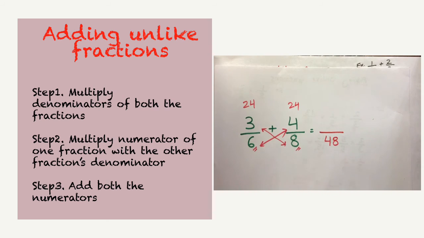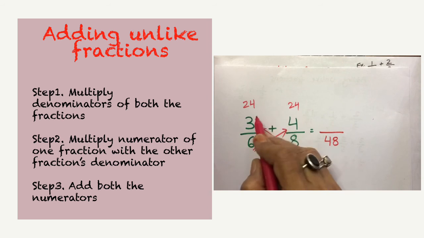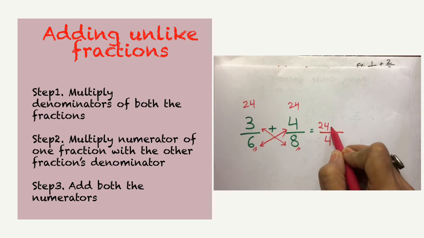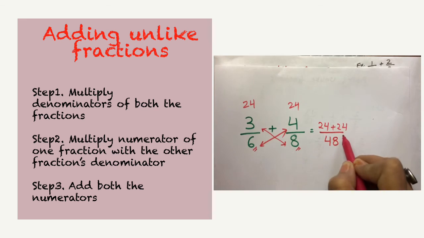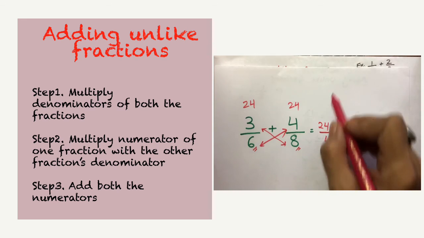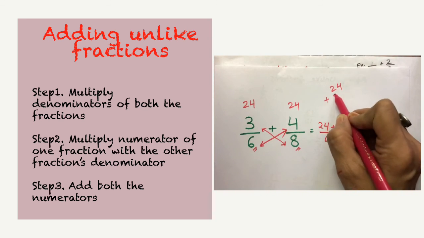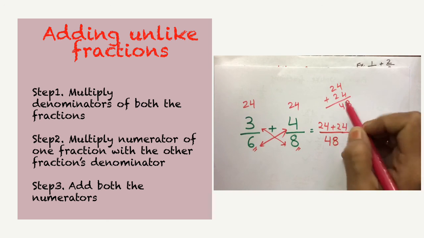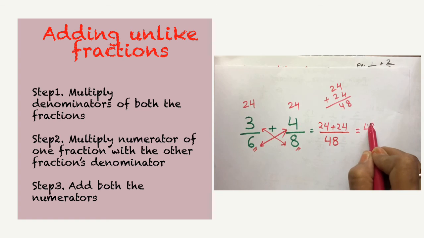They are the same numbers. So what do we do now? To the numerator we add. So it is 24 plus 24. So 24 plus 24 gives what? 4 and 4 is 8, 2 and 2 is 4. That is 48 and 48.